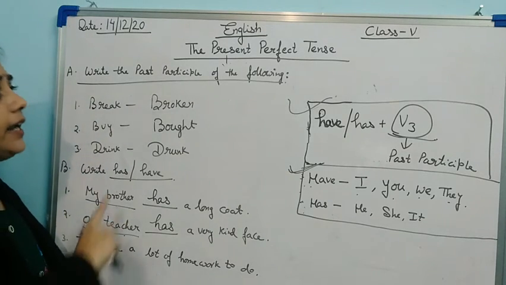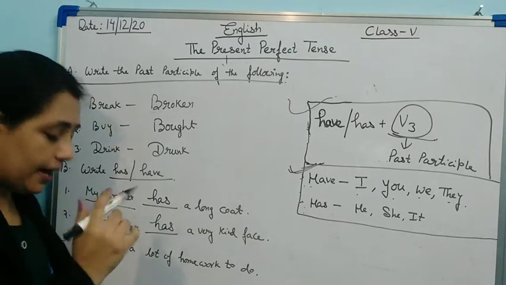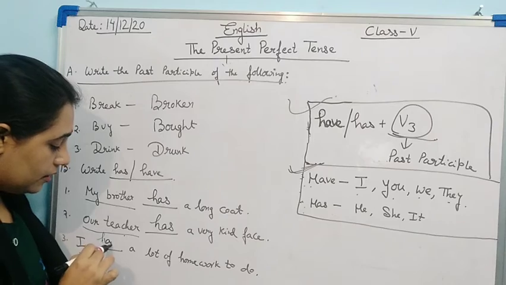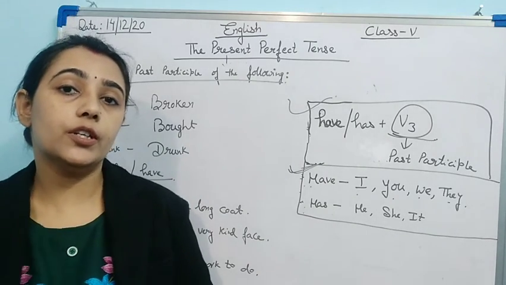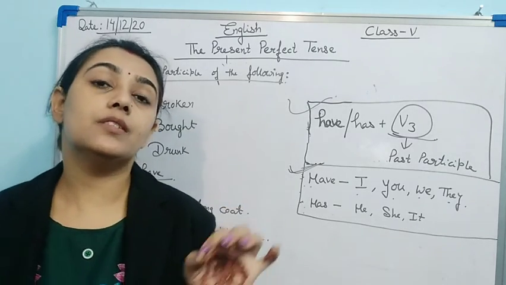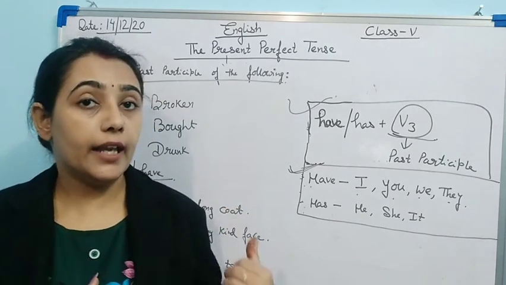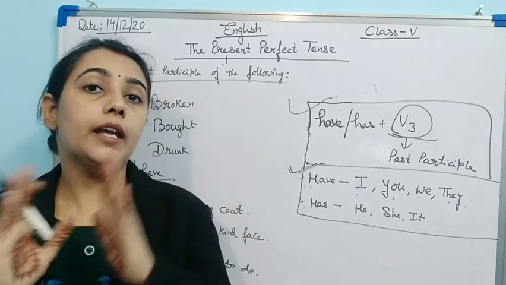So I have. With I, you will always use have. Like in my previous chapter, when I was teaching present continuous tense, I told you for I, you will use am. For I here, you will use have. Just keep it in mind, I have.